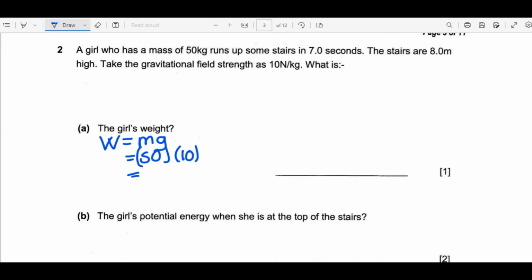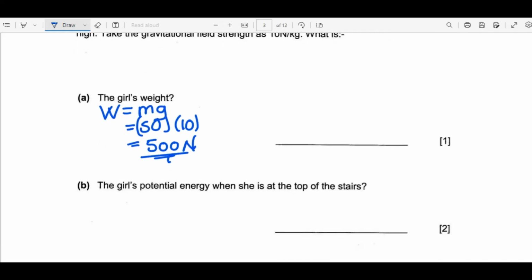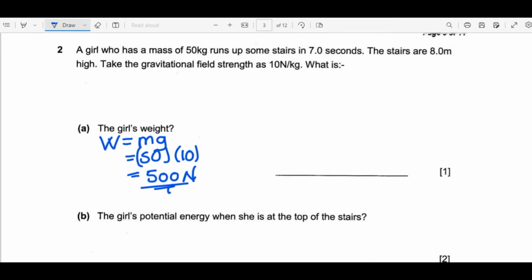If we do the math here, we get 500 newtons as our final answer. Then for B, the girl's potential energy when she is at the top of the stairs. The formula for potential energy, PE, in some texts you may find it EP, is equal to M, mass, gravity, then height. The height is 8.0 meters, and make sure that the height is in meters.